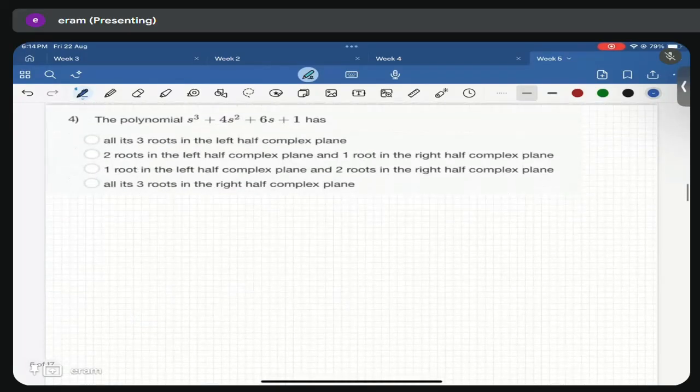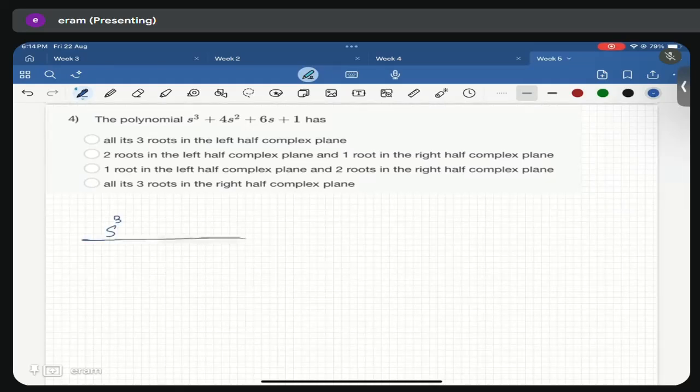Similarly, we have question number 4. Try it first. For this one also, very simple.